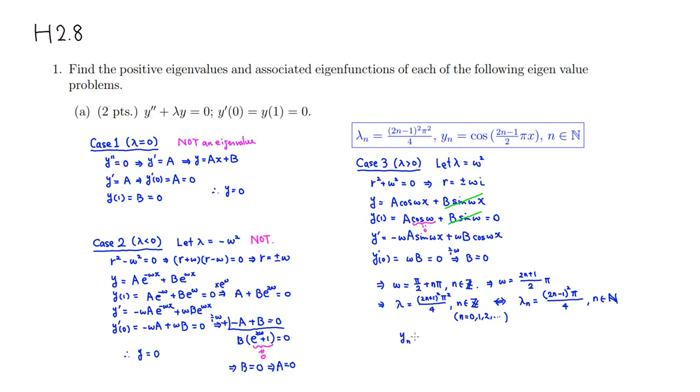So y sub n is a cosine function: cosine of omega x. We found omega to be this, so you have 2n minus 1 over 2 times pi, then x. And of course, n is any natural number.